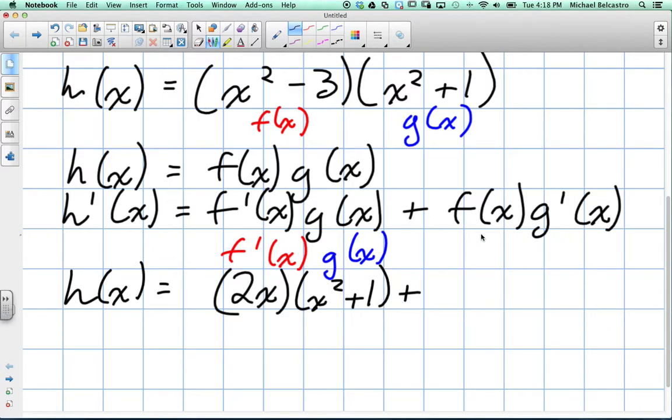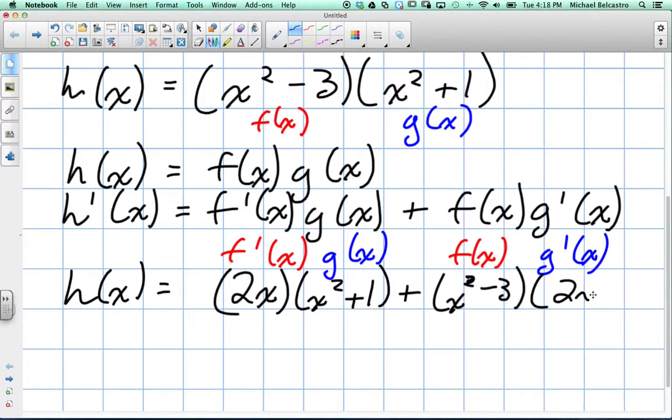And then we add the original f at x, which is x squared minus 3, and we multiply it by g prime x, the derivative of the second one, which in this case is, again, just 2x. We then take our distributive property, and we do it for both of these functions.